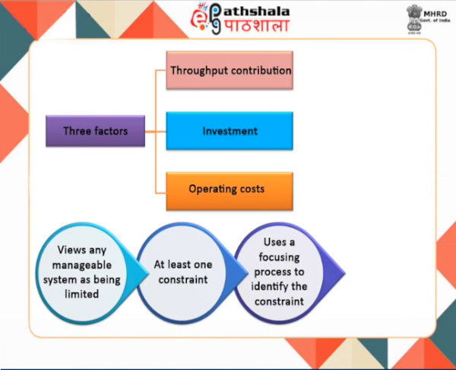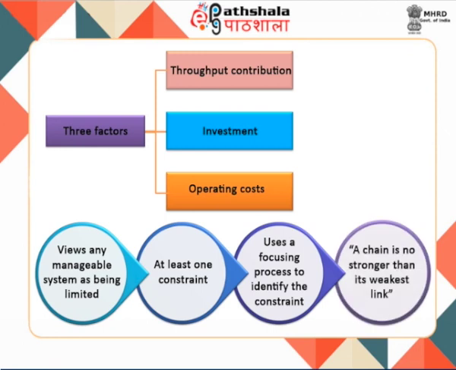TOC adopts the common idiom, a chain is no stronger than its weakest link. This means that processes, organizations, etc. are vulnerable because the weakest person or part can always damage or break them, or at least adversely affect that outcome.